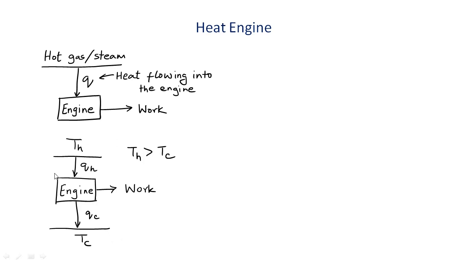We see in the schematic that the engine is taking heat at a high temperature, doing work, and giving off some heat at a lower temperature. Now, the question we ask is, how much of the heat flowing into the engine can be maximally used to do work if we do a really perfect job of designing and implementing the engine?